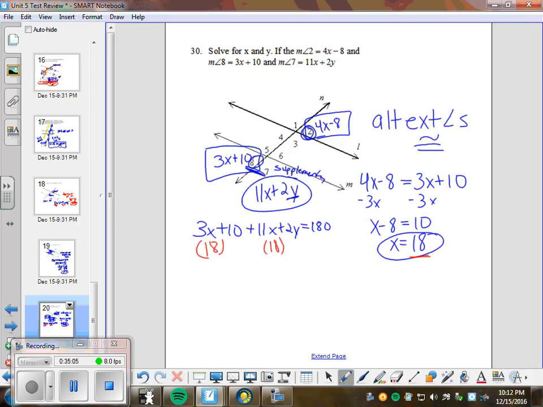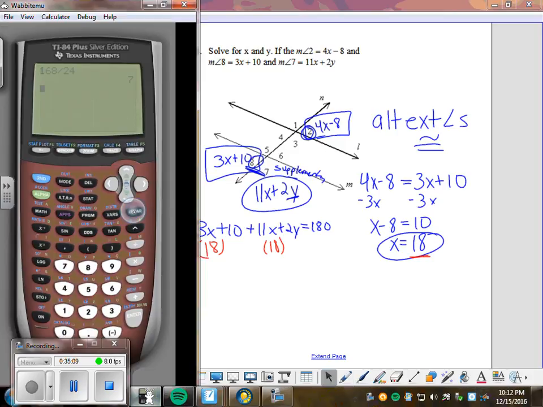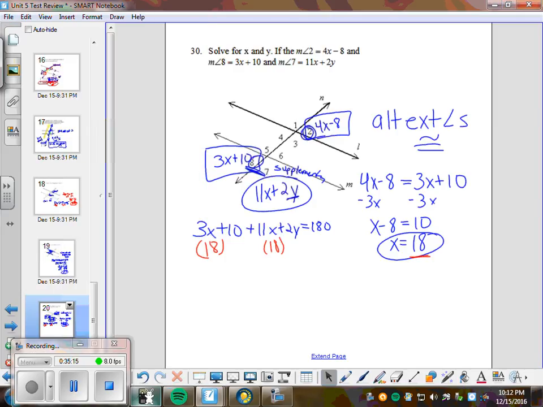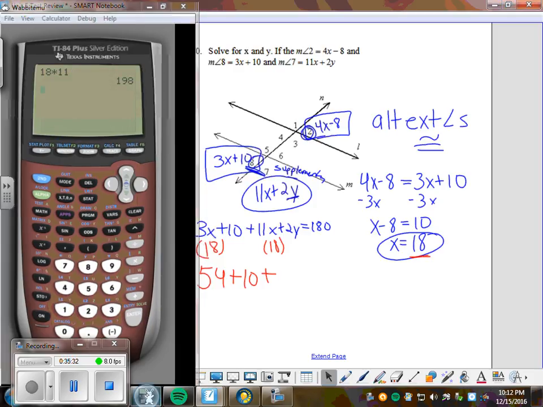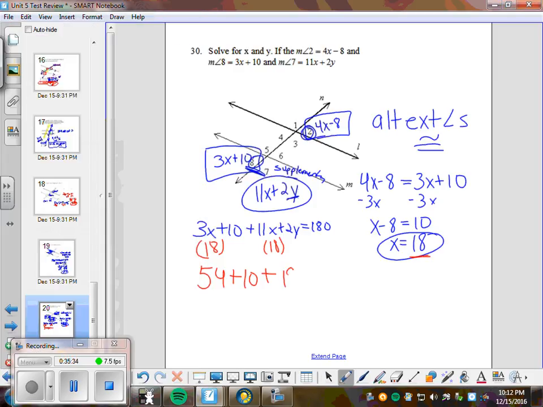So 3 times 18 is 54. 54 plus 10 plus 18 times 11. 18 times 11 is 198.